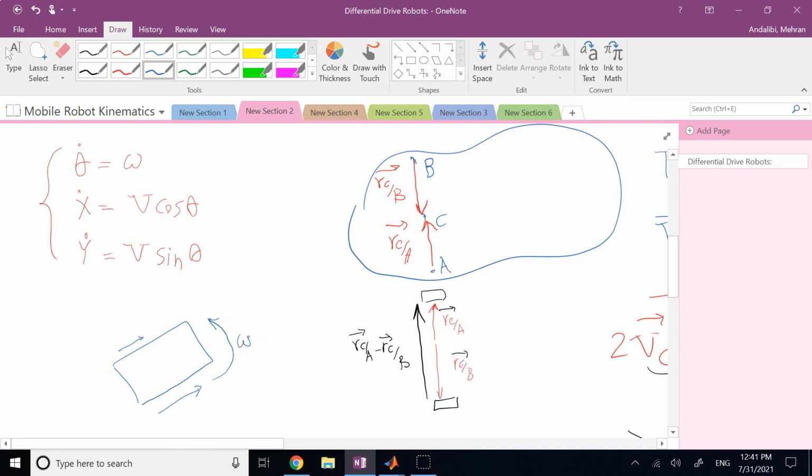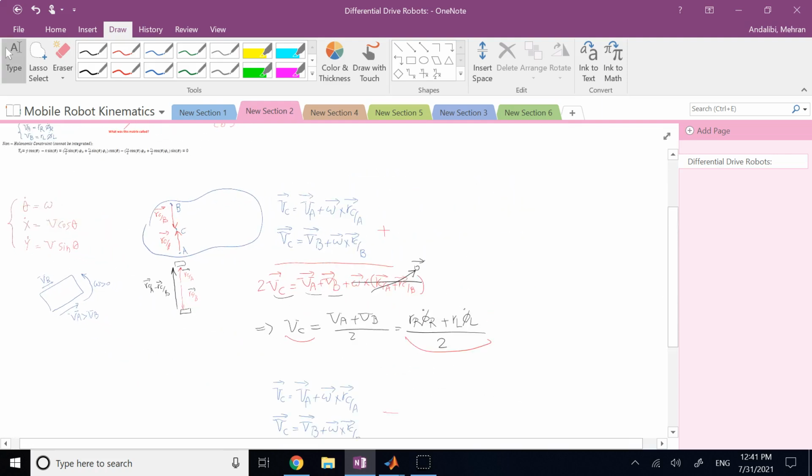So the positive direction for omega corresponds to the fact that VA is bigger than VB, or the right tire is moving faster than the left tire, then it is going to go counterclockwise. And if B goes faster than A, then the robot is going to go clockwise, right?